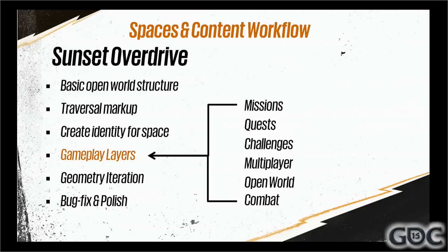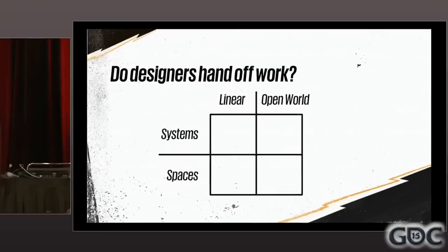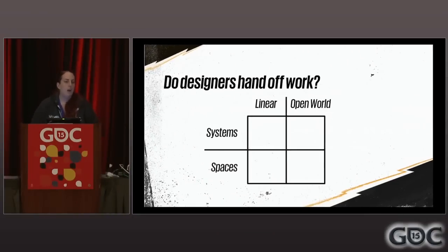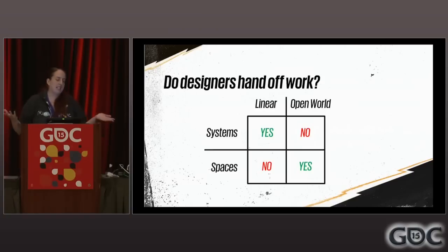So one way of comparing and contrasting Resistance 3 and Sunset Overdrive, because workflow is this big topic, right, is that question of do designers hand off work, and what kind of work are they handing off? And I don't just mean handing off, but also sharing, right? In our linear game, when it comes to systems, we were sharing systems. You still had an owner, but everybody was implementing these systems.